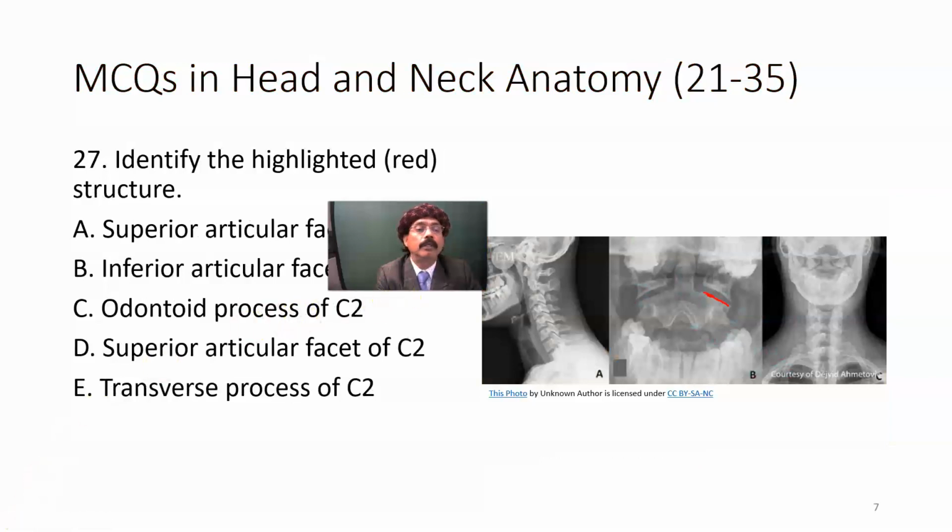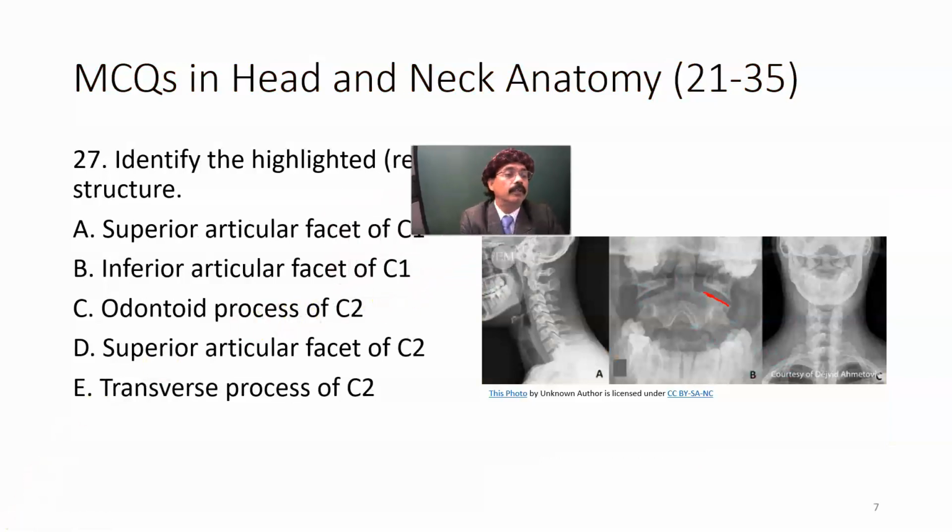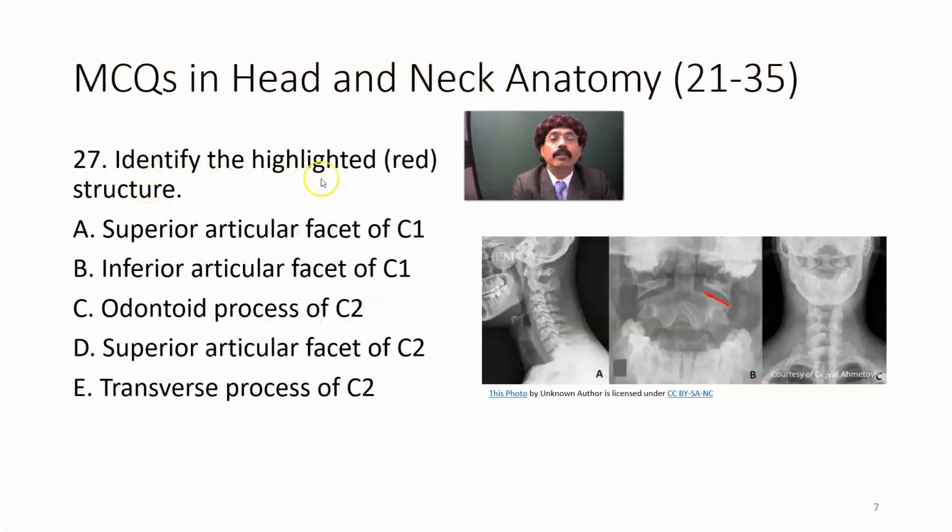Now here is an X-ray. Identify the highlighted red structure. This part. Is it superior articular facet of C1, inferior articular facet of C1, odontoid process or dens of C2, superior articular facet of C2, transverse process of C2?